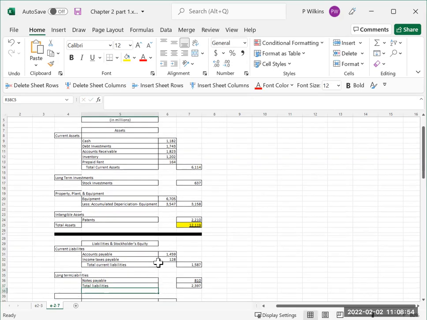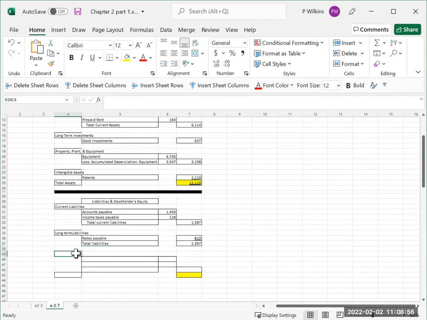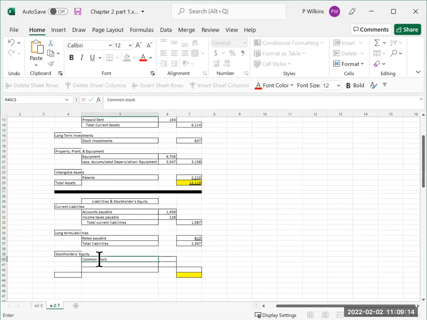And then we're going to move down to the next section. And the next section is called stockholders' equity. And under stockholders' equity, we always list common stock first at this point in the class. And it's 2826.